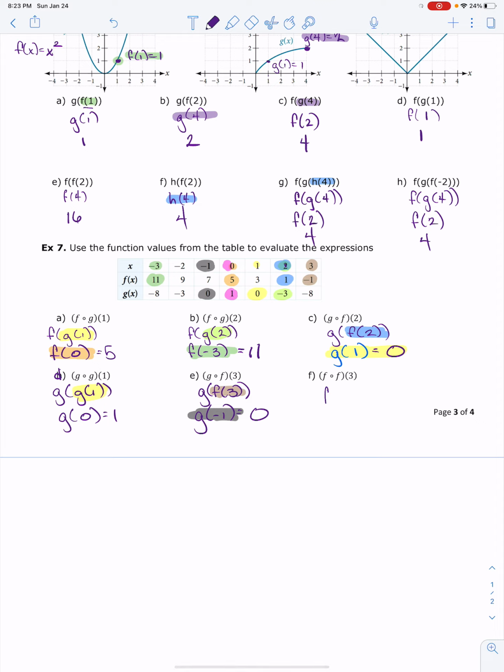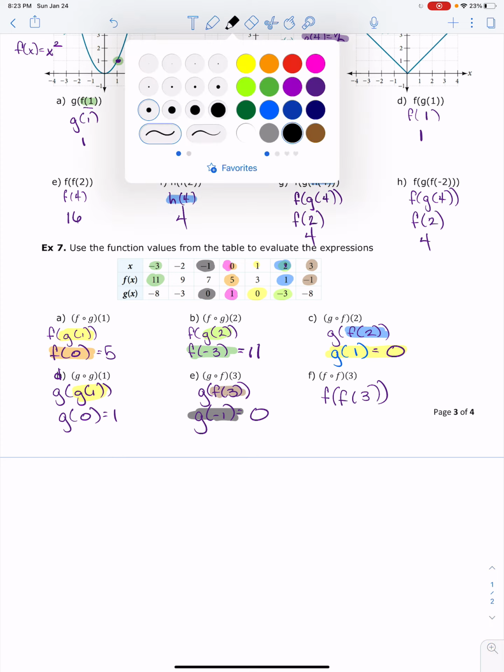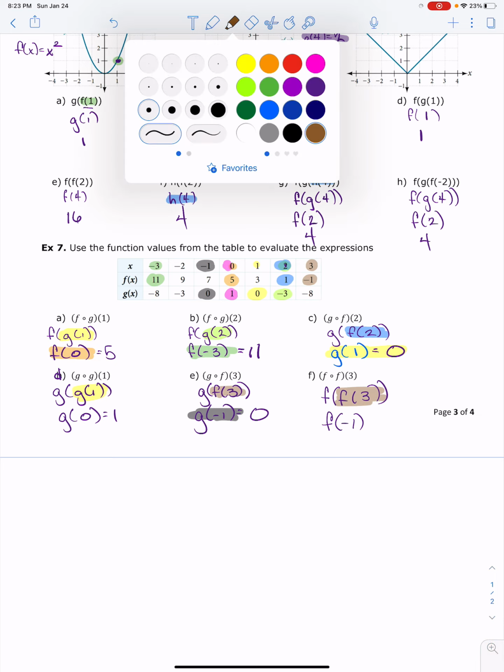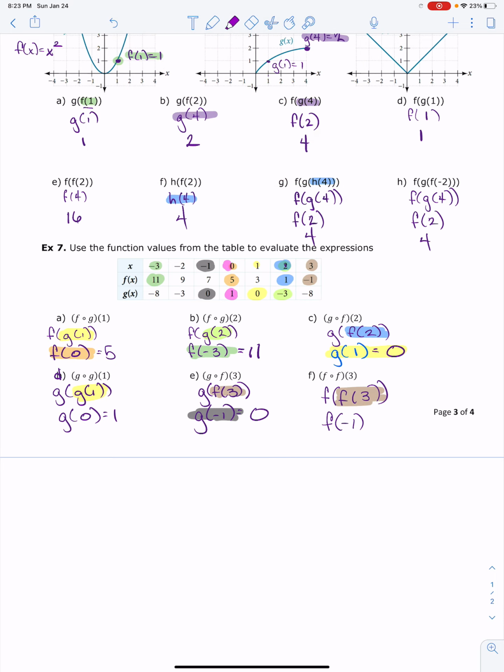F, f of f of 3. We've already done f of 3 once. Right, that's the brown over here. F of 3 is -1. So now we want f of -1. Which is 7.